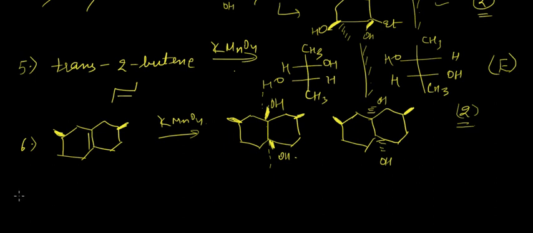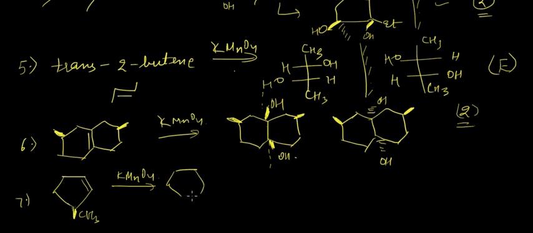Let us look at the 7th example, wherein we have this, and we reacted with KMnO4. So what would be the products out of this? Let's say it is coming out of the plane. So it would be either this, or it can be this.